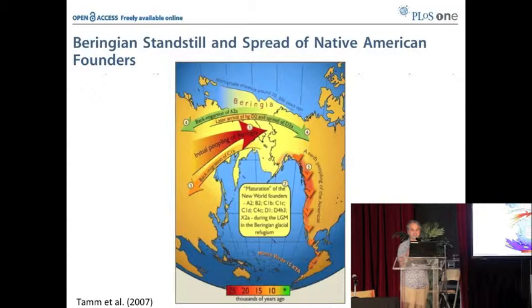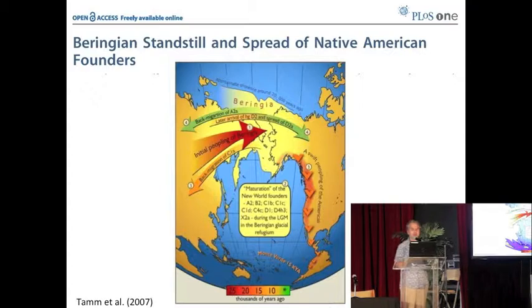During that last glacial maximum, these individuals in Beringia were isolated from other populations in Northeast Asia. And so during this isolation, they were able to evolve new genetic variants that gave them derived mitochondrial genomes that, when they spread into the Americas, caused them to be unique mitochondrial genomes, where the closest related mitochondrial genomes were in Northeast Asia.